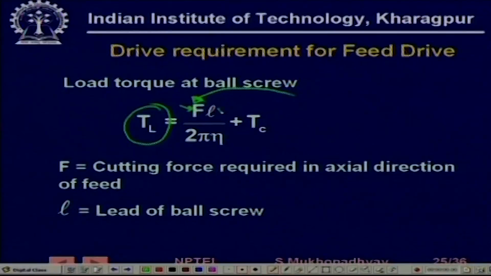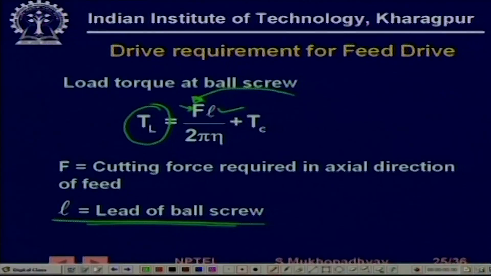The screw is rotating here, so the tool is moving. So, the load on the screw, which can be reflected as a load on the motor through the gearing mechanism that is used, can be calculated by this force multiplied by this length arm, the lead of the ball screw, also the cutting force required in the axial direction of feed.